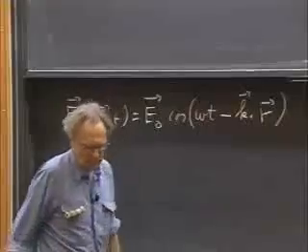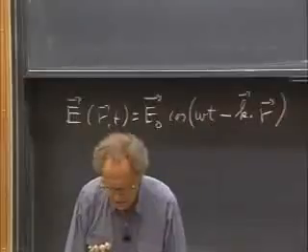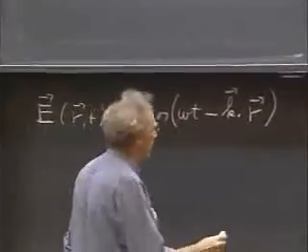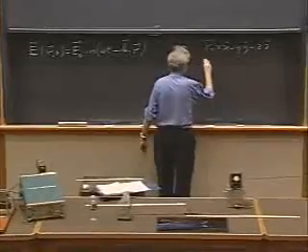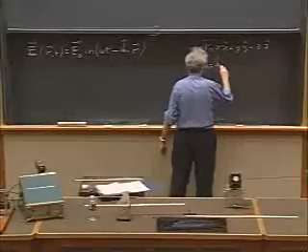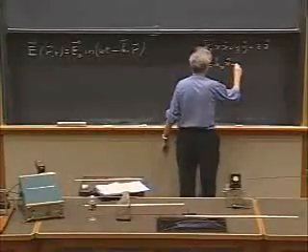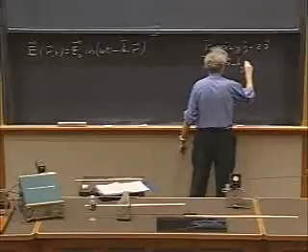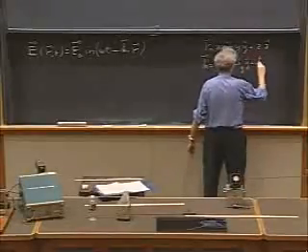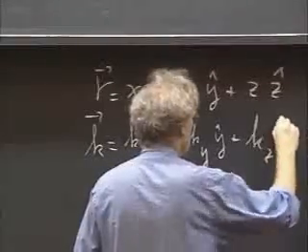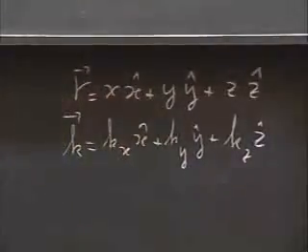which is now the most general way that I can write this electromagnetic wave, whereby k is kx in the x direction plus ky in the y direction plus kz in the z direction.